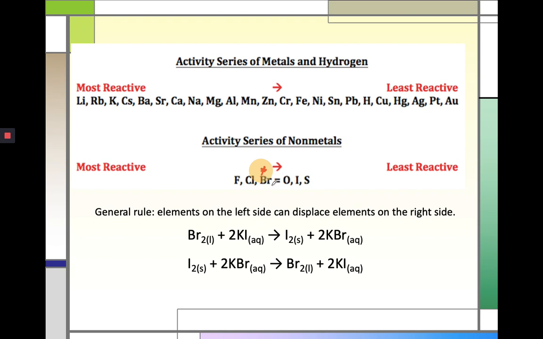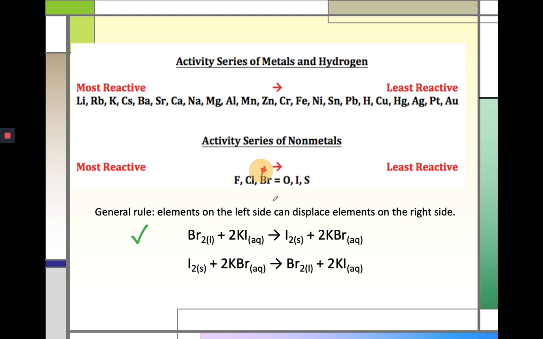If it can, then this reaction will be possible. Since bromine comes before iodine, that means bromine is more reactive. Therefore, this chemical reaction can happen or is possible.